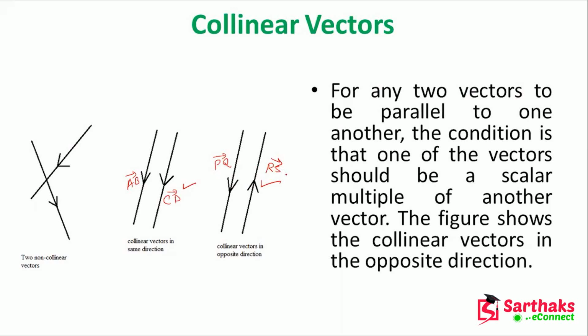So PQ and RS vectors are also collinear or parallel vectors, but the main difference is their direction. You can see the tail of the PQ vector here, whereas the head of the RS vector is here. That means they are in opposite directions, but they are parallel to each other. So that's why these are collinear vectors.